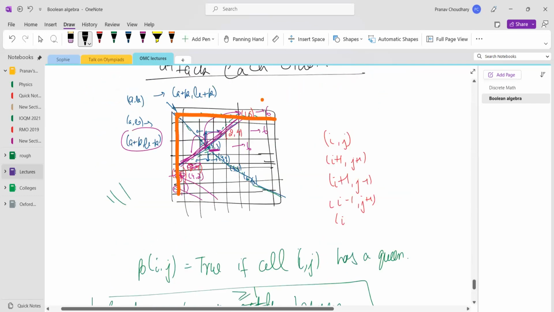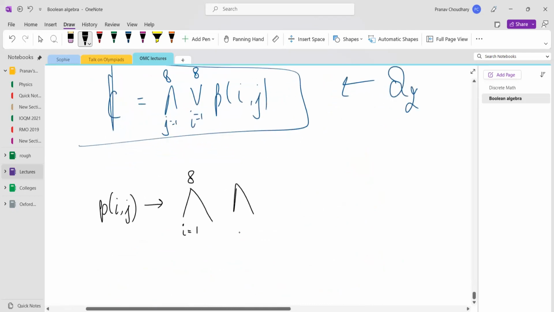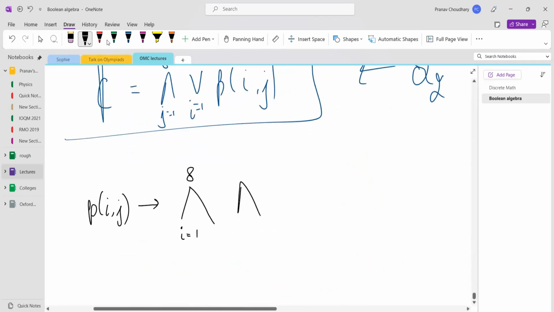If we are checking diagonals of this form, in this case, the difference is constant, the difference of the coordinates, a minus b, is constant, right? So i goes from 1 to 8, and then, oh, sorry. Maybe it's better to take a comma b here. If there's a queen on a comma b, then i goes from 1 to 8, and then b should be equal to a minus b minus i.